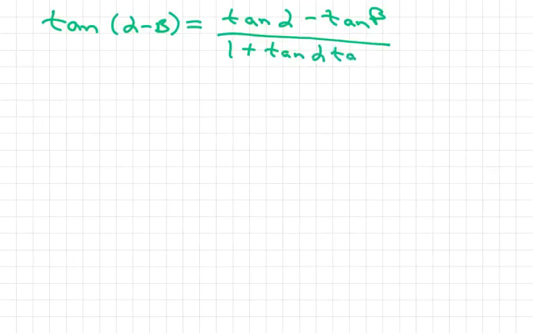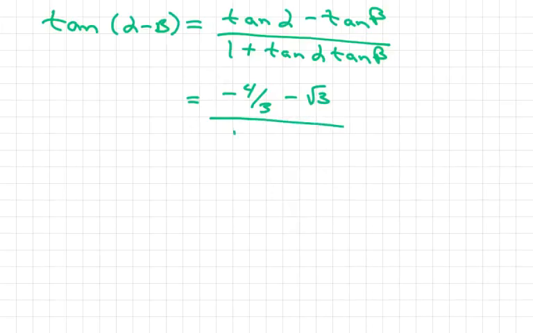And when you plug everything in, you get negative 4/3 minus square root of 3 over 1 plus negative 4/3 times square root of 3.